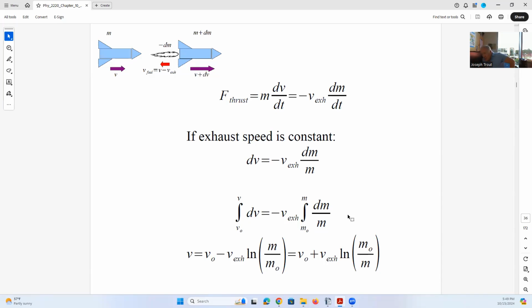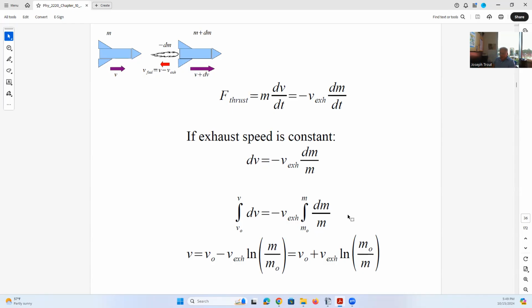The integral of 1 over x is ln of x, so the integral of 1 over m is ln of m, and we evaluate it at m and m naught. So we get the natural log of m minus the natural log of m naught, but that can be written as ln of m over m naught.